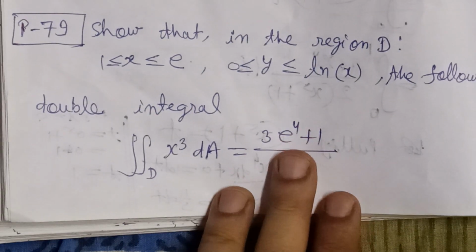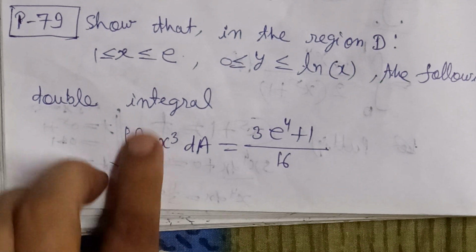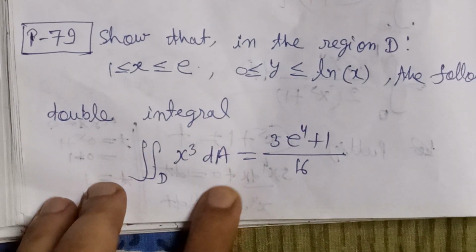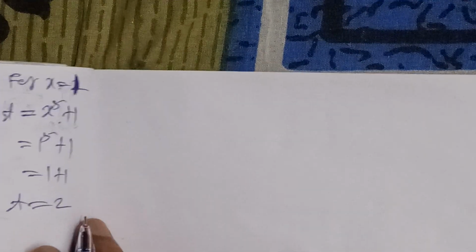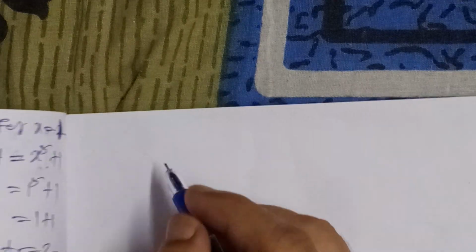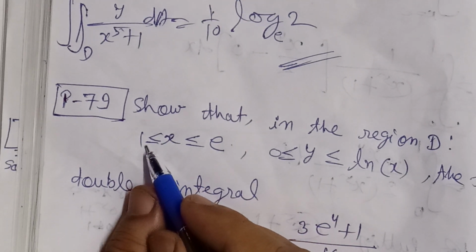We are given the region D, and we start with the left hand side. Here the value of x is from 1 to e.